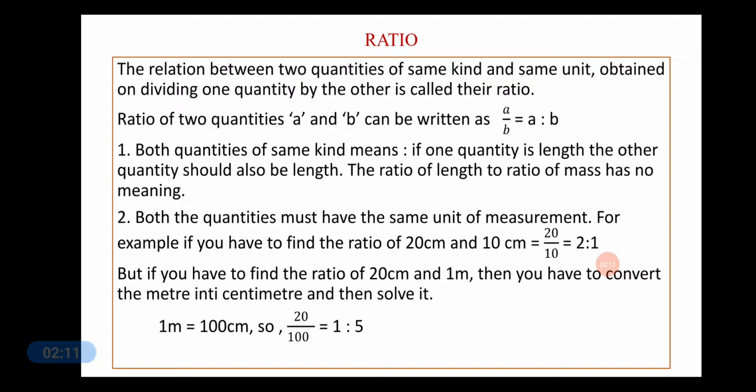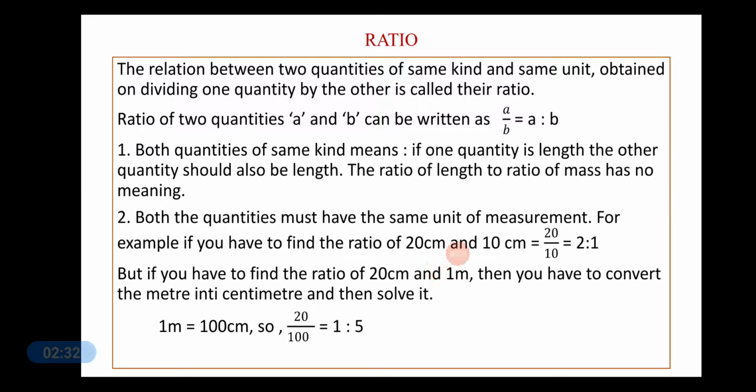But if you have the ratio of 20 centimeter and 1 meter, that is, you have to find out the ratio of one quantity which is given as centimeter and the other quantity which is given as meter. So here you have to convert this meter into centimeter.